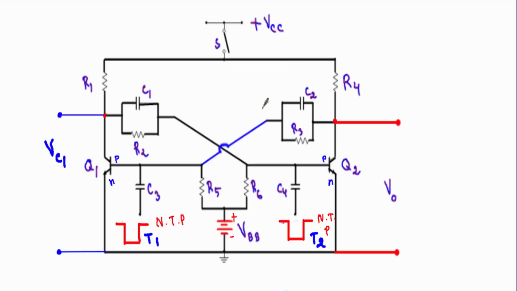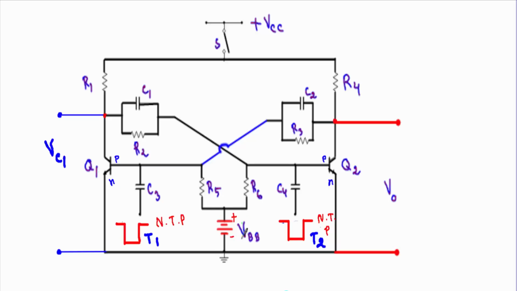Now let me describe the operation of this bistable multivibrator circuit. Here we have two transistors, Q1 and Q2, and the positive terminal of VBB is connected with the p-type base of transistor Q1, and the negative terminal is connected with the n-type emitter of transistor Q1.